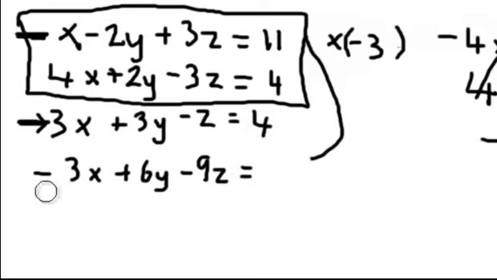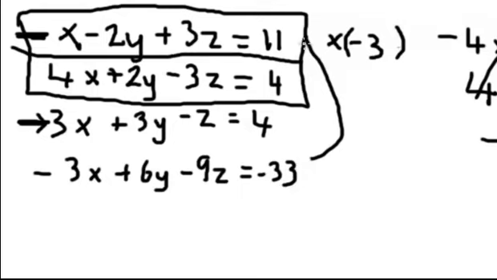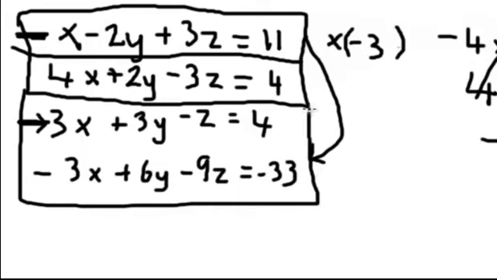So I just multiplied that first equation by negative 3, and I ended up with this. I am now going to add these two equations together. Again, the x's will cancel.